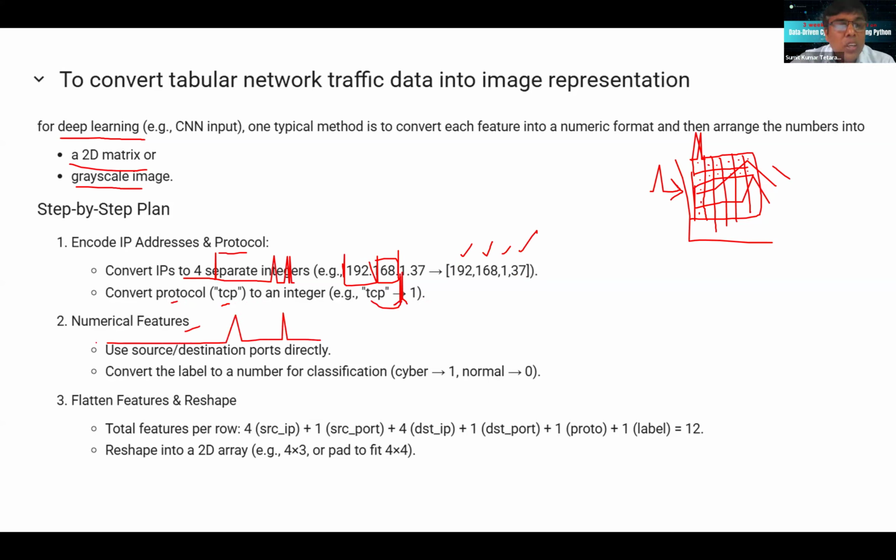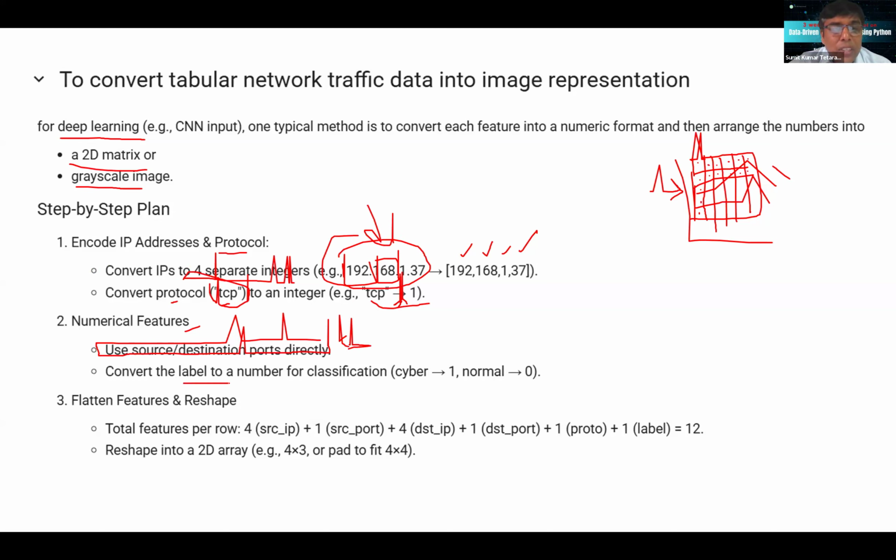Because they are numerical values, like 4500 something or 443 or 530, the port ID. But these others are not numerical values. These are encoded, a kind of object, here it's a string. We need some numerical value, but here we have direct values.